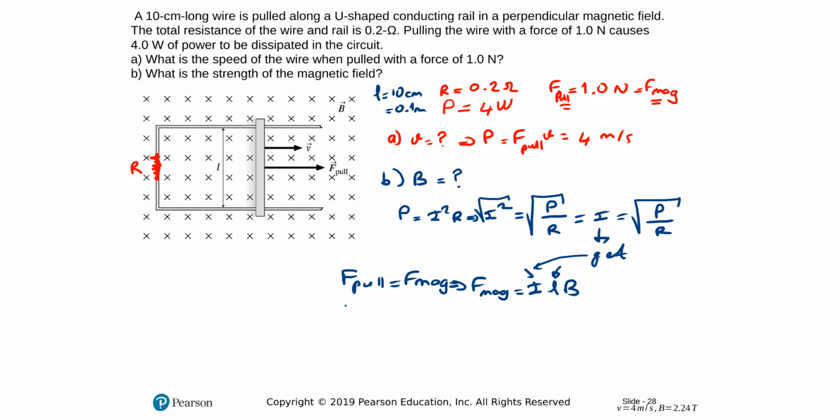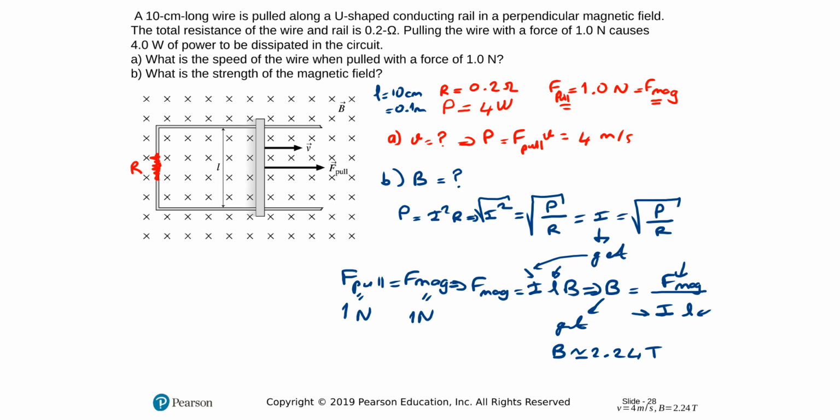I can get B. Divide each side by IL and rearrange. B is equal to the magnetic force divided by current times L. Insert. F pull is given as 1 Newton, so F magnetic is also 1 Newton. Insert, get B. B should be about 2.24 Tesla. Alright, that's it. I'll see you in the next lecture.